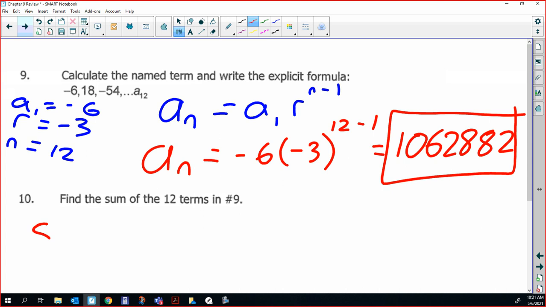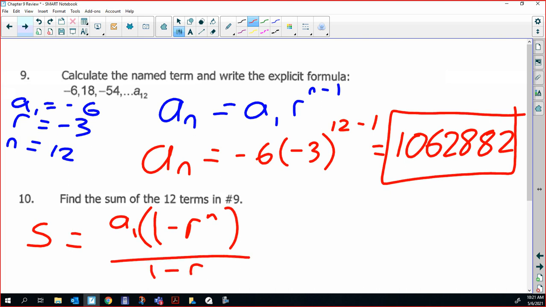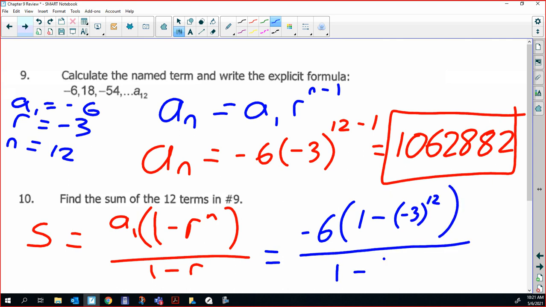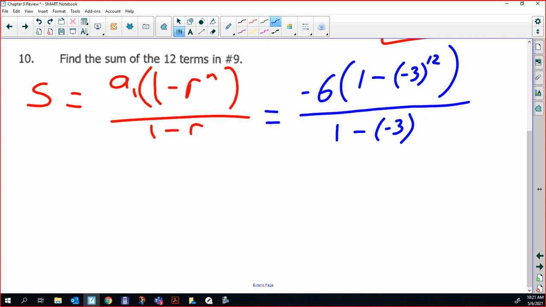So the sum is A1 times 1 minus R to the n over 1 minus R. So A1 still -6. 1 minus R to the n, so -3 to the 12, over 1 minus -3. -3 to the 12th, the negative is going to work itself away.